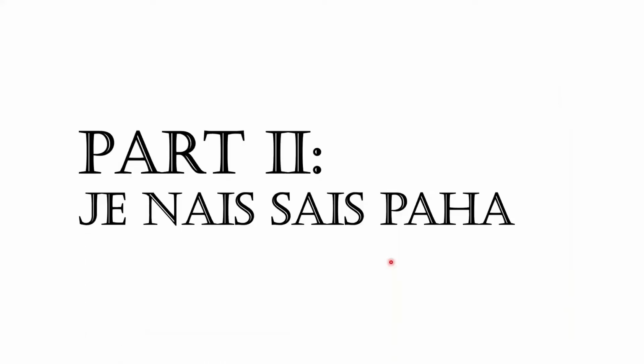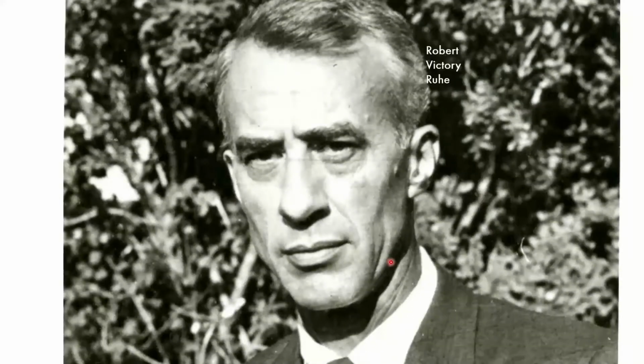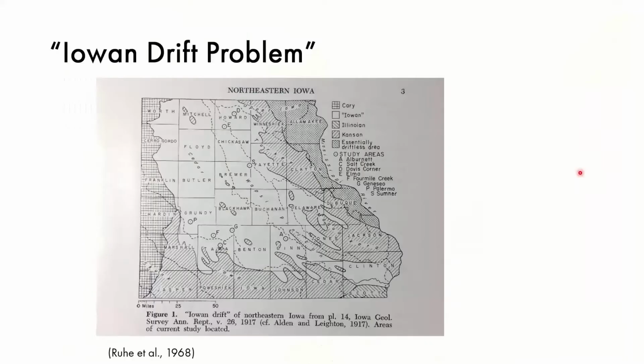So this is where we have to get into more modern work, and this is part 2, Je ne sais paha. And we are now introduced to Robert Victor Ruhe, one of the more famous geomorphologists and pedologists in the 20th century in the Midwest, mid-20th century, I should say.